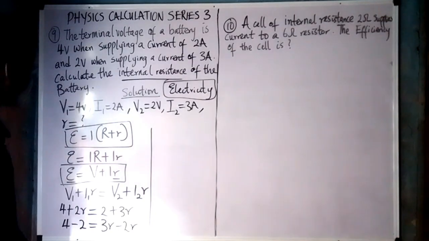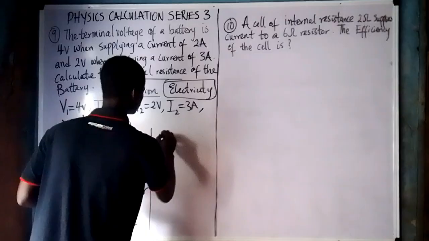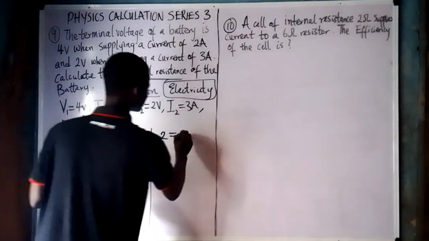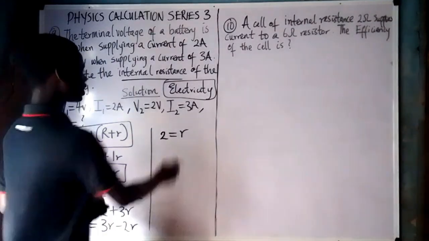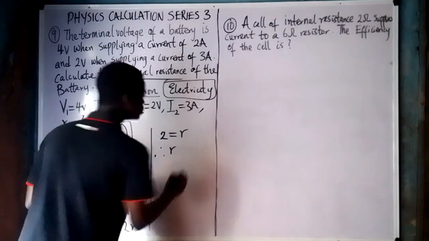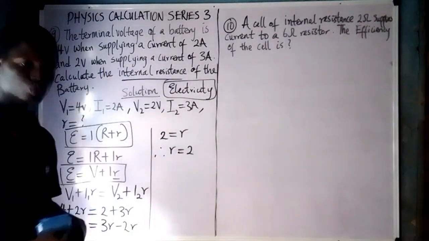So guys, what should we do? We simplify further. 4 minus 2 will give us 2. It will now be equal to 3R minus 2R, which is exactly 1R. But we don't write it as 1R. Instead, we just put R. So we are in another way saying that R, which is our internal resistance, is equal to 2. But should we stop there?